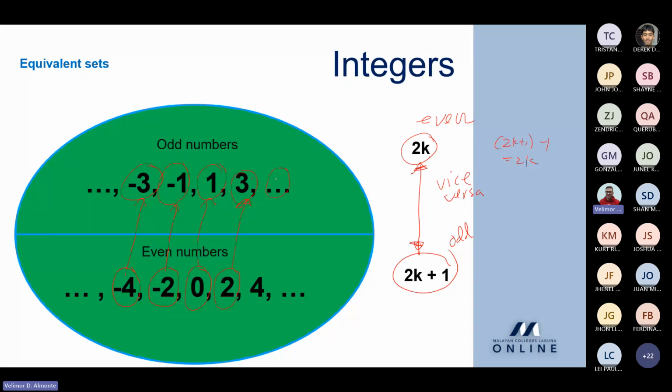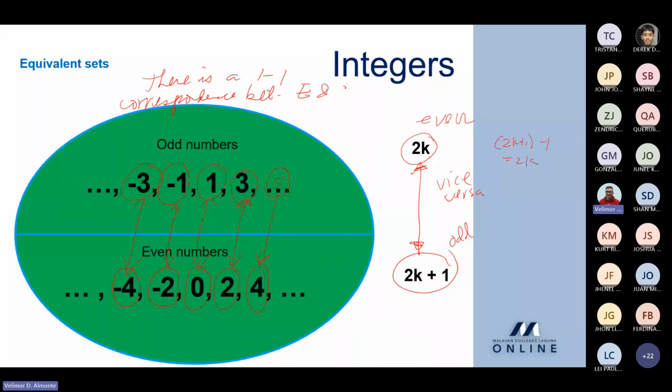Okay, so I have here 5. 5 minus 1 is 4. 3 minus 1 is 2. Okay, double-headed arrow. That means there is a one-to-one correspondence between the set of even and odd numbers.